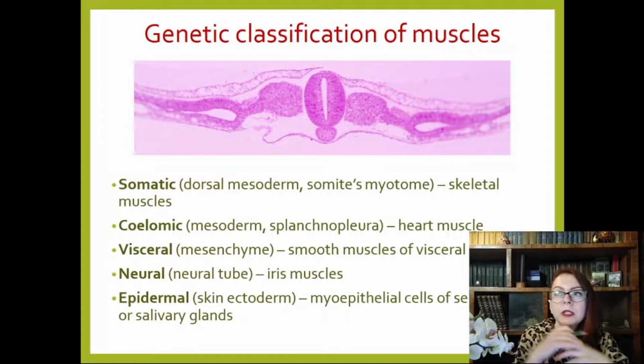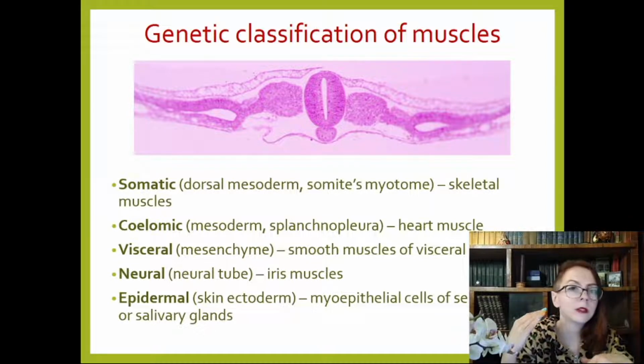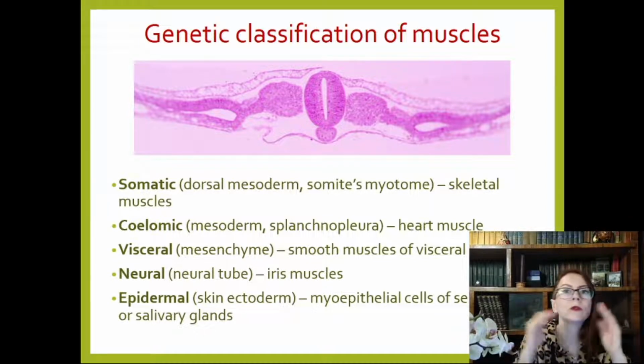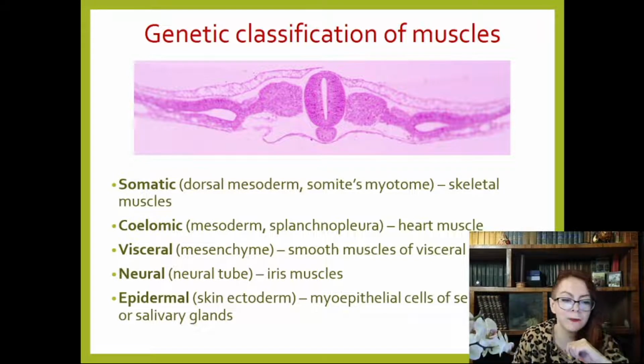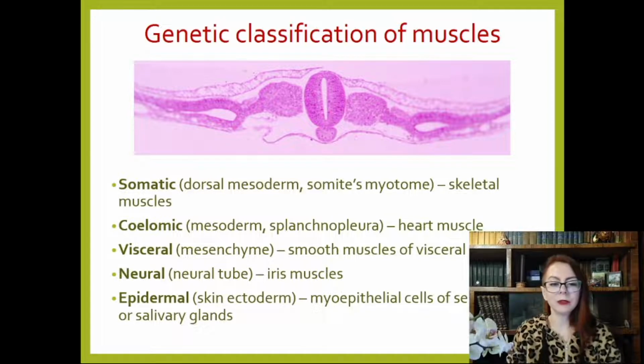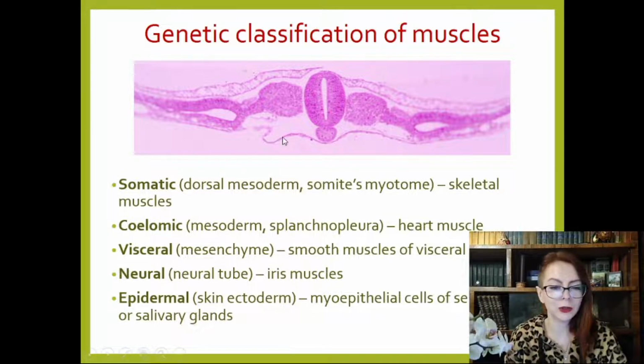So now please remember just in general that muscle tissues derive from all 3 germ layers, being ectoderm, mesoderm, endoderm, and even from the neural tube, from the neural crest, from the splanchnopleura, from all the sources. So really the muscle tissue is ubiquitous.